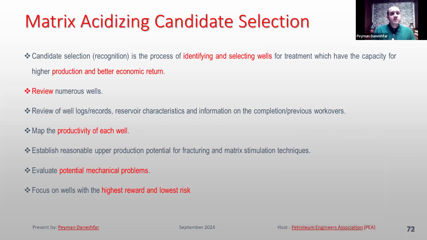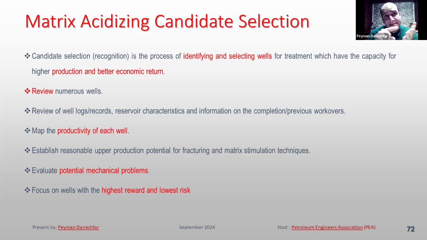So now, matrix acidizing candidate selection. We should know at first about the production and also the economic return, review the number of wells, the well records, reservoir characteristics, and productivity of each well.